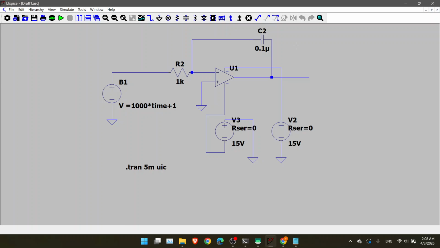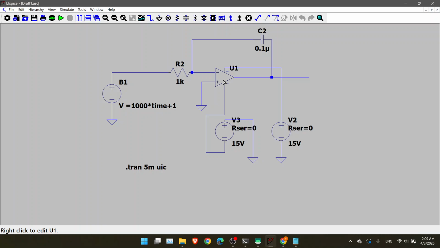So I have this setup of the circuit I explained earlier. Here we have the operational amplifier. It's a standard one, and the minus supply. This is a supply voltage, plus and minus supply voltages.